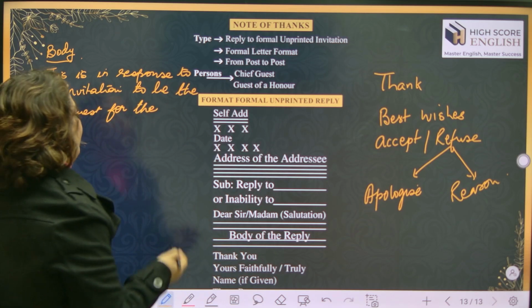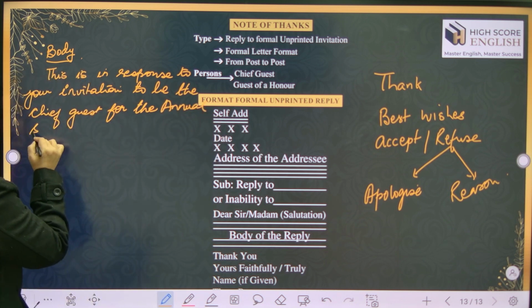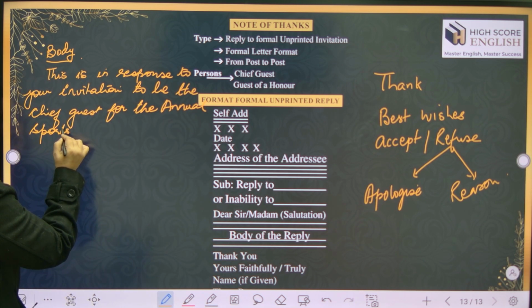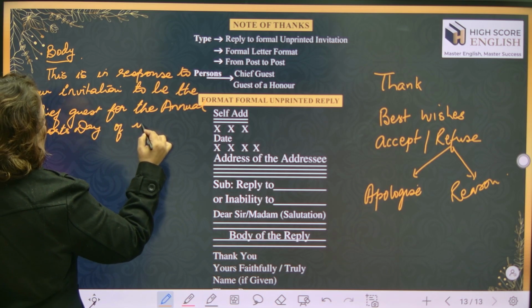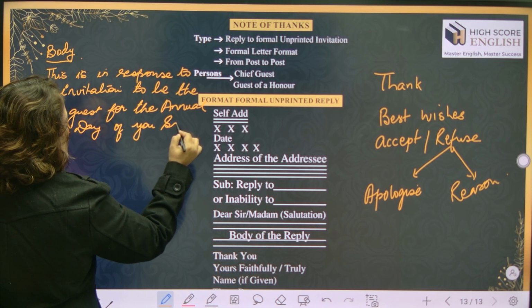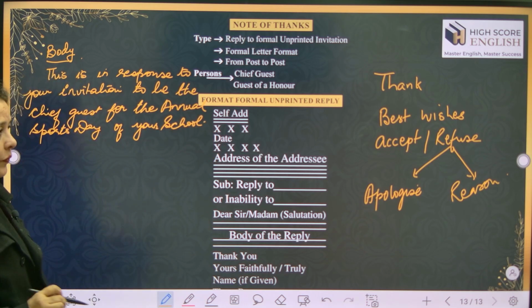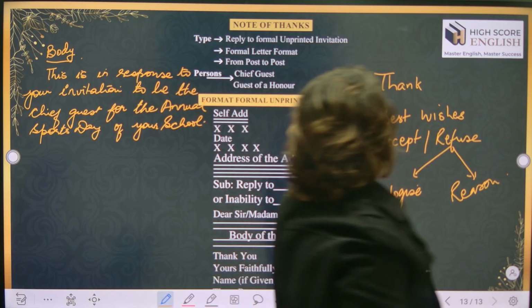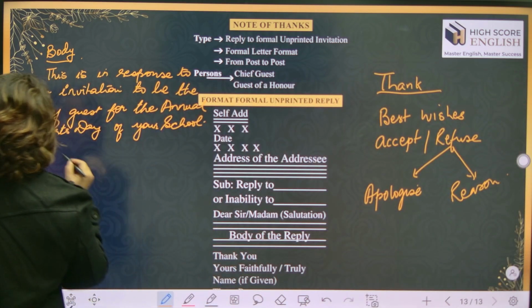Just an event, okay, imaginary event. Annual, or as per the question, sports day of your school. General reply. Okay, now he's going to thank. After this, I thank you for the honor.